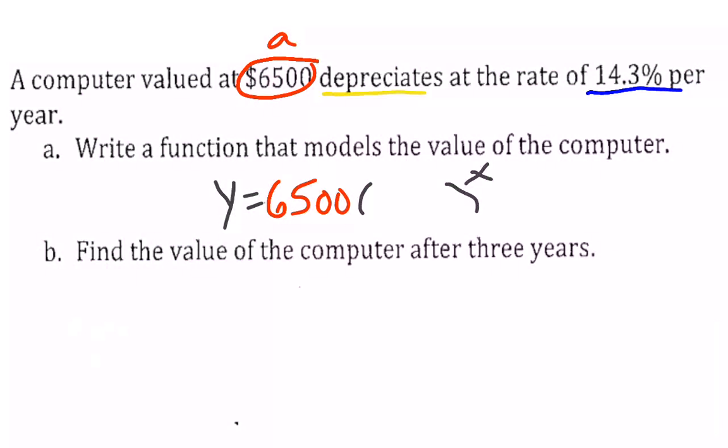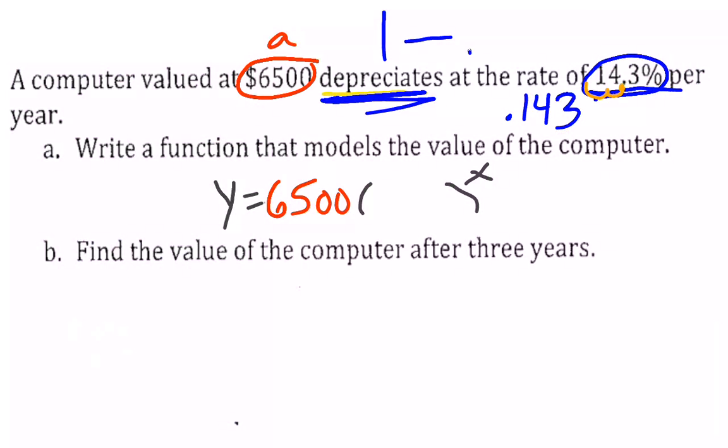So that means I need to do 1 minus, since it says depreciates, my 14.3 as a decimal. If I have 14 cents, that means I have $0.14, but I also have the 0.3, so it needs to be 0.143. Once again, all I've done is move my decimal to the left twice. So I need to subtract 0.143.